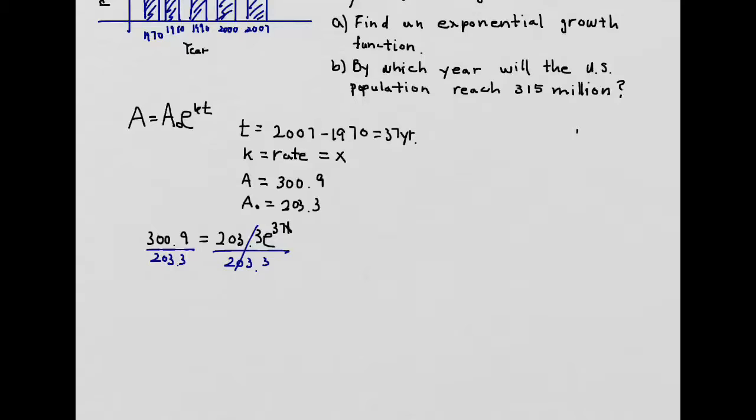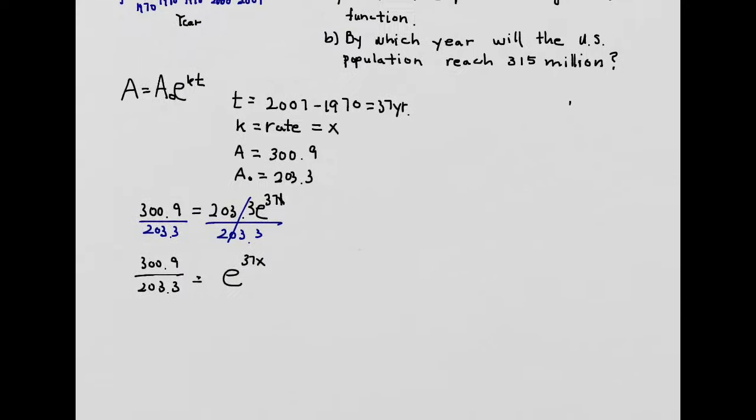And you will then have 300.9 over 203.3 equals e to the 37x exponent. And then in order to solve for x, we're trying to bring down the exponent, right? So you're going to take the natural logarithm of both sides to bring down the exponent.